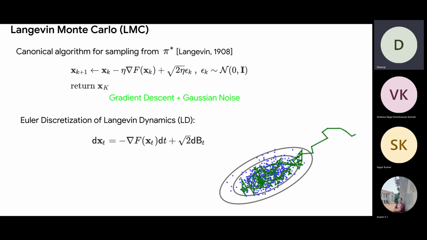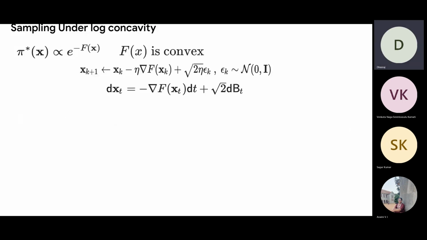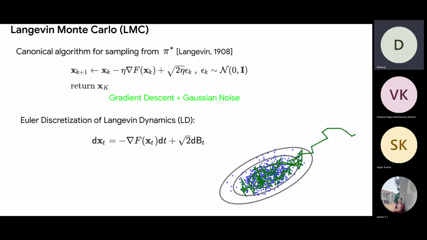Okay. So, sampling under log concavity, that is when f of x is convex, for instance. Because it's a discretization of a stochastic differential equation, if you take a Brownian motion, at time t it's of the order square root t. It fluctuates, but the integral of the drift, grad f of x_t dt, is of the order t.